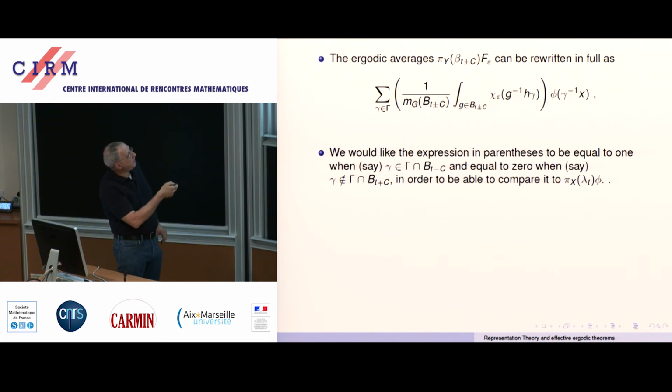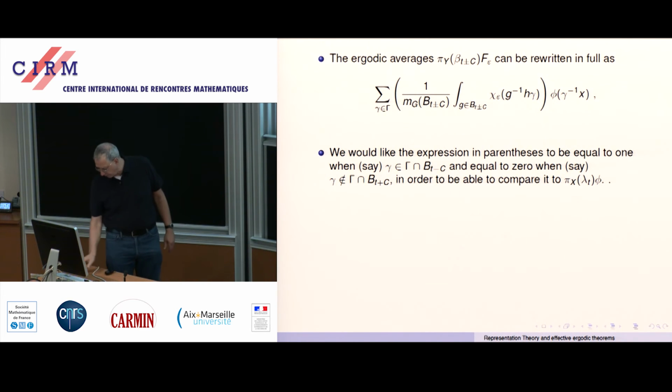If that is the case, we will be able to compare it to the average over the lattice points in gamma intersect B. So the weighted average we're interested in needs to be estimated by these geometric comparison arguments.